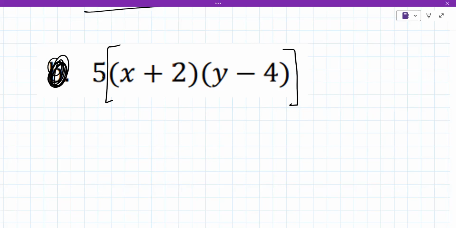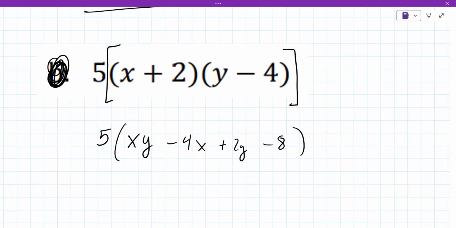So 2y multiplied by 5, 10y minus 40 plus 5xy minus 20x.